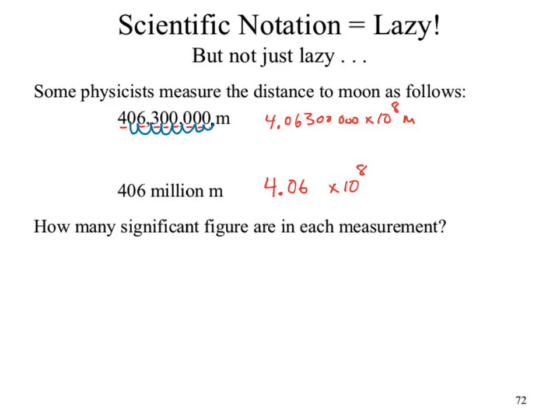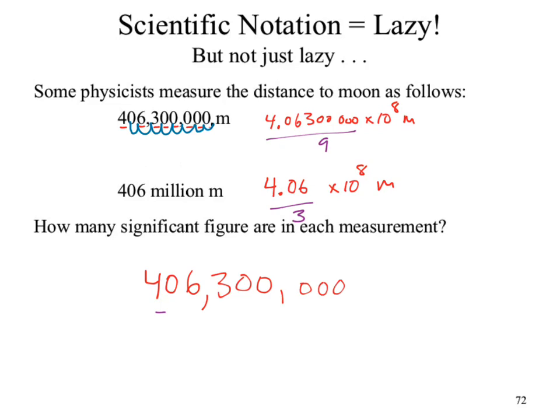Okay. How many sig figs in each of those measurements? We had 9 in the first one. We had 3 in the next one, right? Okay. Somebody came through, took that 406, said it was 406 million, and it was exactly 406,300,000.